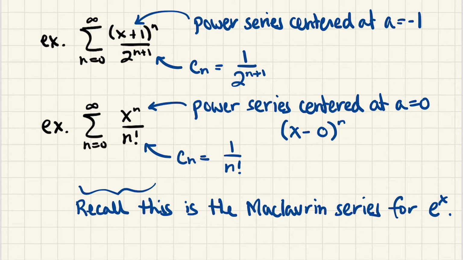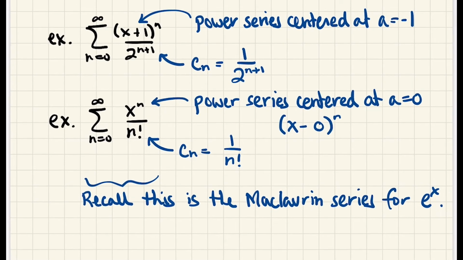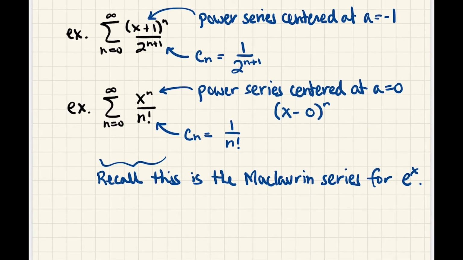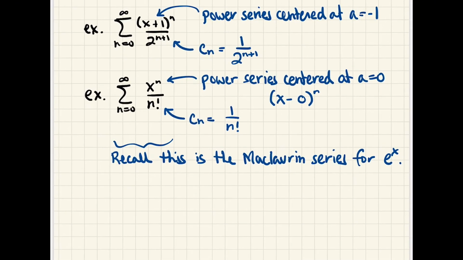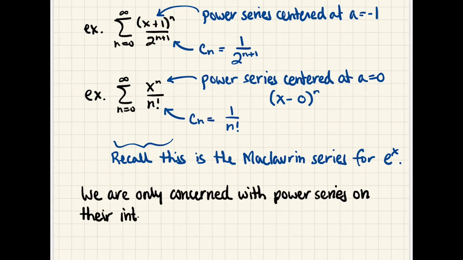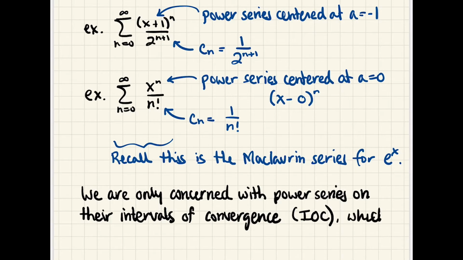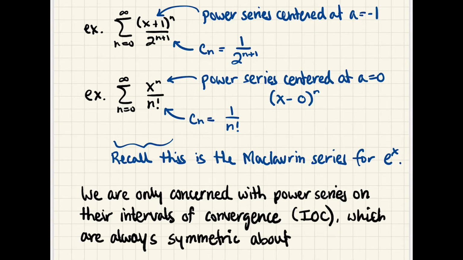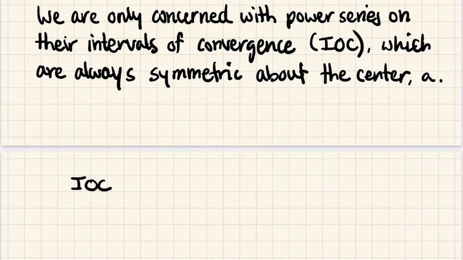So, of course, we are only concerned with power series on their intervals of convergence, which are always symmetric about the center. So an interval of convergence would have, say, the form a minus r to a plus r, which is an interval centered at a, and r would be the radius of convergence here.